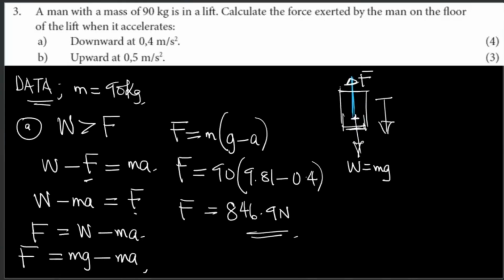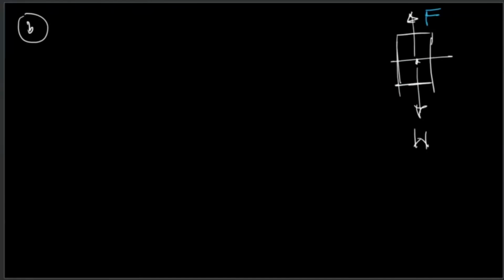So in this case, we're able to deduce that for the downward movement, the weight must be more than the force, the reaction. With this one, it means that the force must be greater than the weight. So you can write this as F.